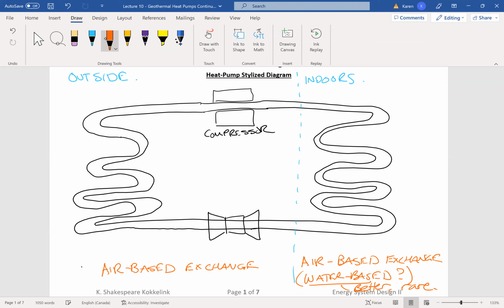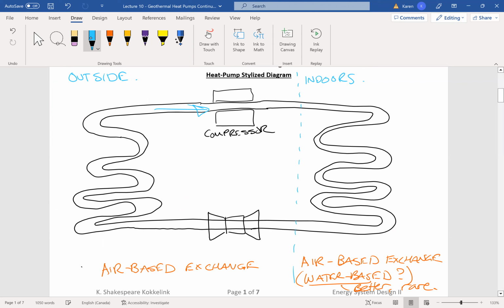It is rare right now. And I hope that I teach this in 5 years from now, and I hope we say it's water-based exchange on this side because it's better, right? Water-based on this side, very difficult unless you have the land for it and you get to do geothermal. So air-based exchange is fine. It's fine for where we are right now.